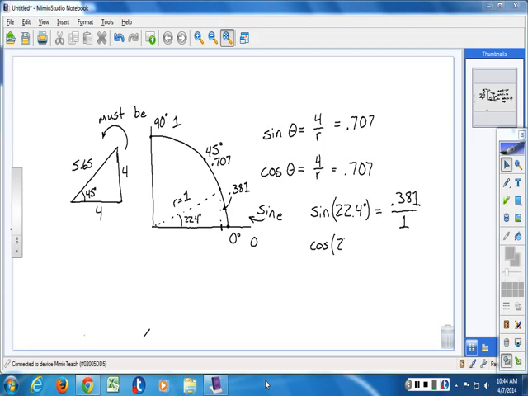Cosine of 22.4 degrees equals adjacent, or x over 1. That's going to give us our x value. So yeah, we could square them both, then subtract, then take the square root of that. Or we could say cosine 22.4. And what does it give us? 0.924.